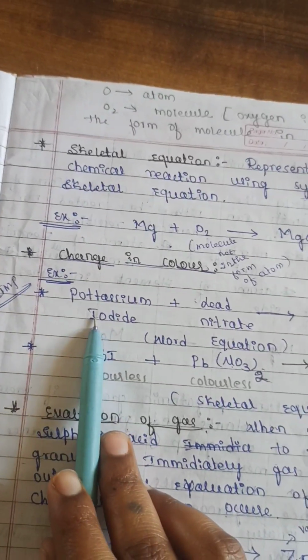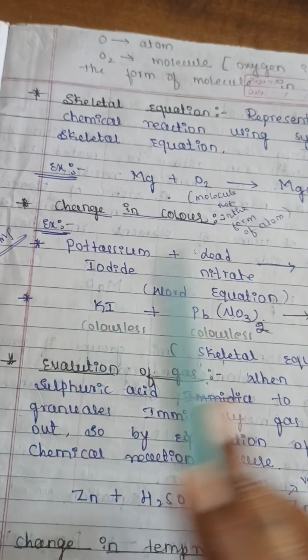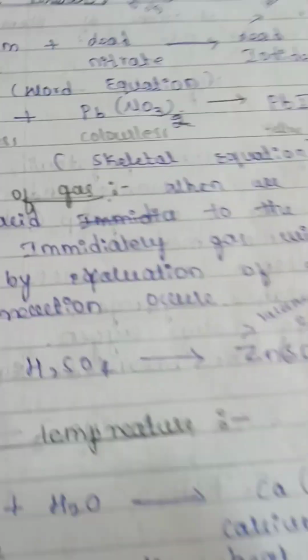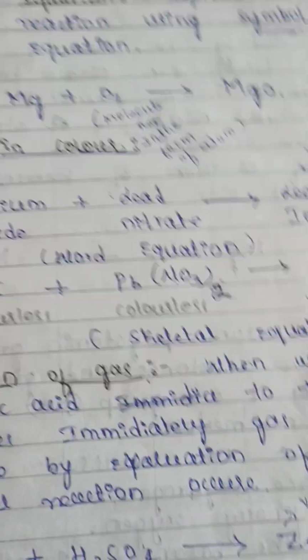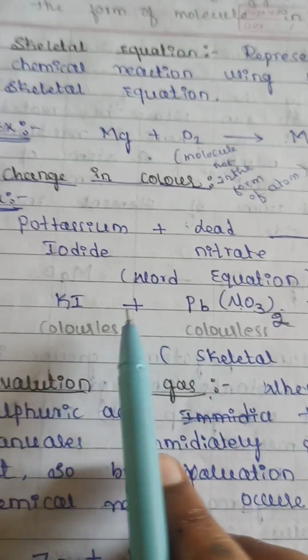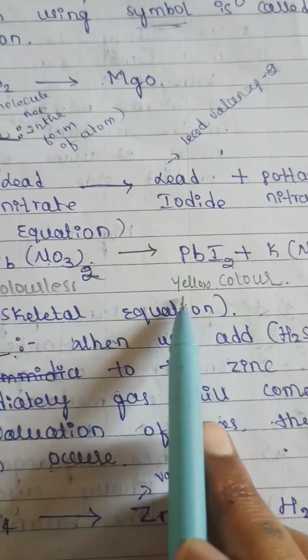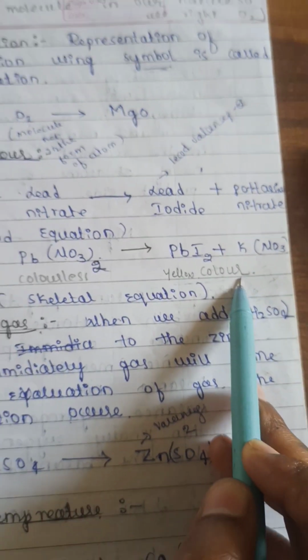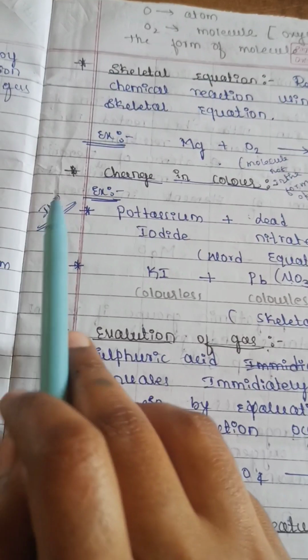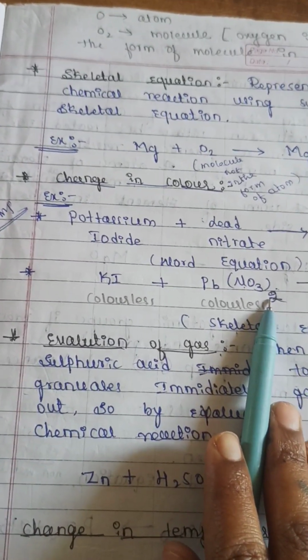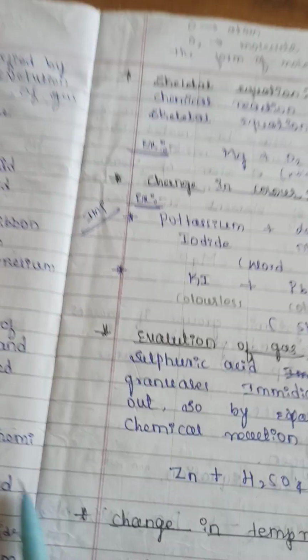Potassium iodide is colorless, and lead nitrate is also colorless. Both react with each other, and we get lead iodide, a yellow colored substance. Change in color is also called a chemical reaction. This is an important reaction.